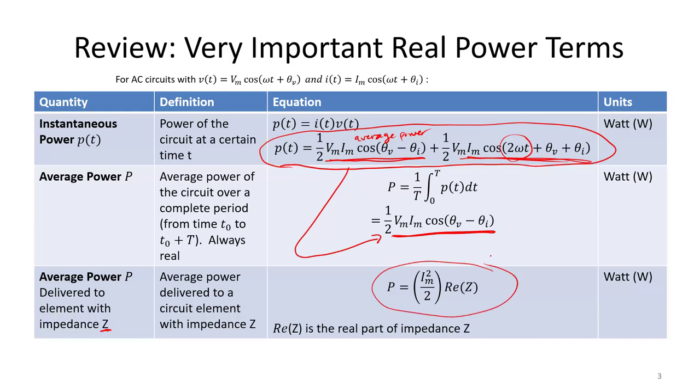And so our average power delivered to some circuit element will be our current magnitude squared divided by 2 times the real part of our impedance. Notice in all of these cases, our units for power will be watts. Definitely keep these equations handy if you haven't already written them down somewhere. These are very helpful to have in front of you as you work on our homework assignments and other practice problems.